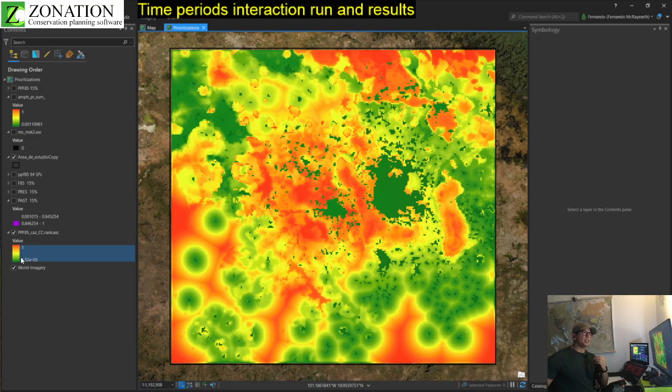And here's what we need to be paying attention to. What do we want to do with this information? How do we plan the landscape, the territory, in terms of conservation? That is going to depend absolutely on the type of objectives.